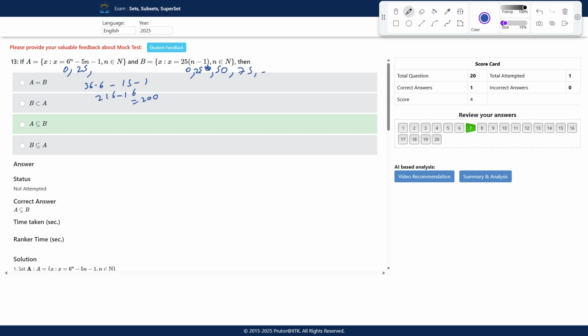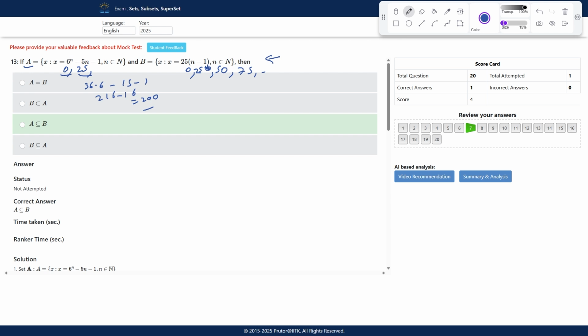Now try to observe that all the elements 0, 25 from set A also belong to set B. So this satisfies the definition for subset.